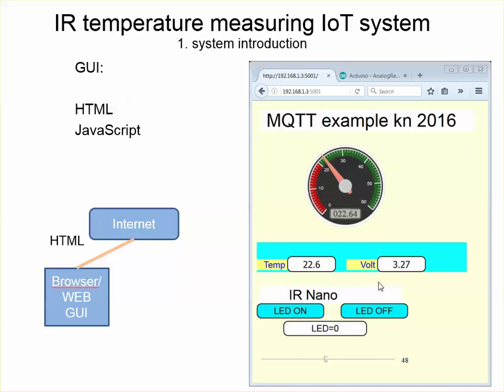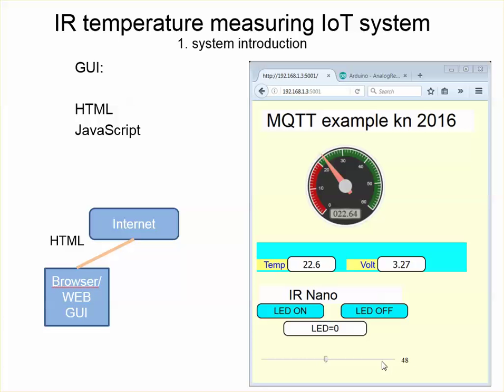And for the LED, there are two buttons, LED on and LED off, and also we could control the brightness of the LED. Here it's the full power, here full off, and now it's about 50%. The brightness of the LED is about 50%.